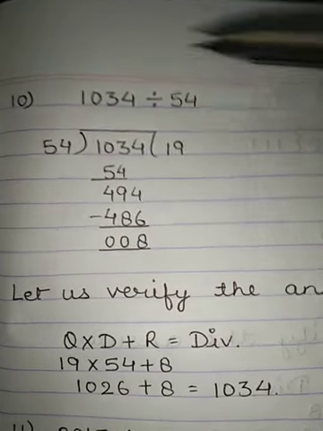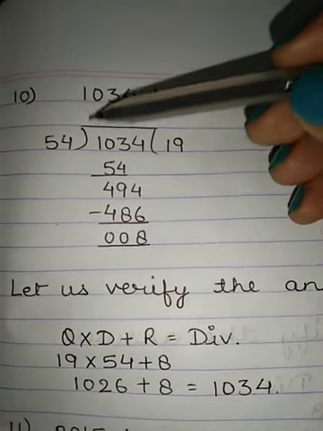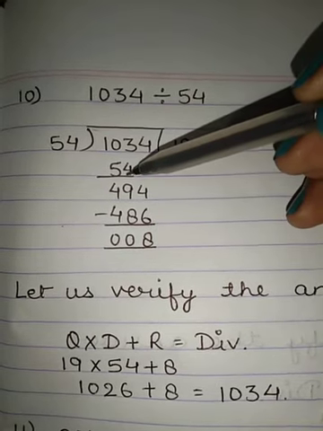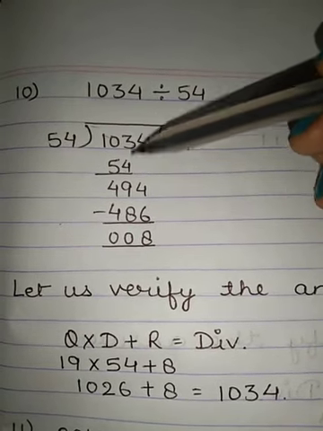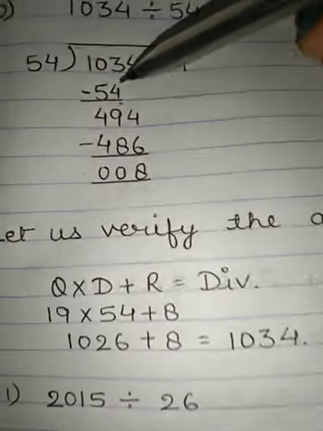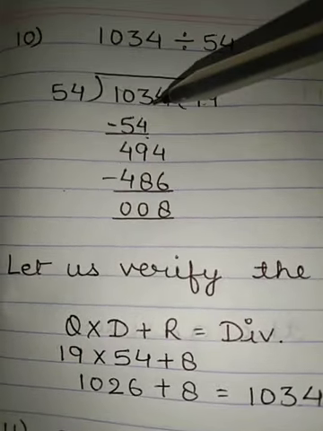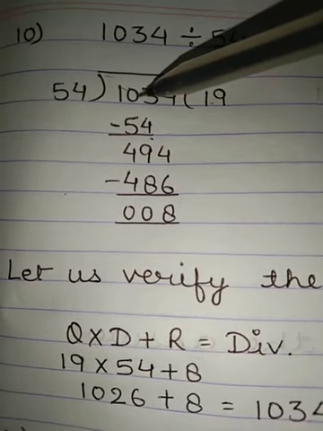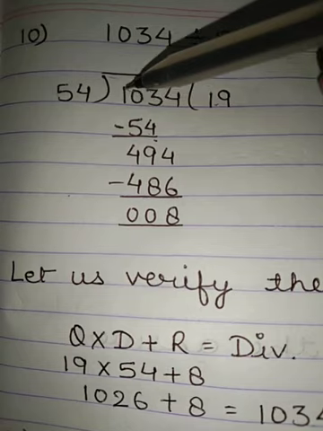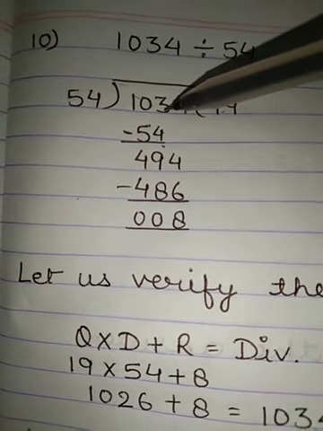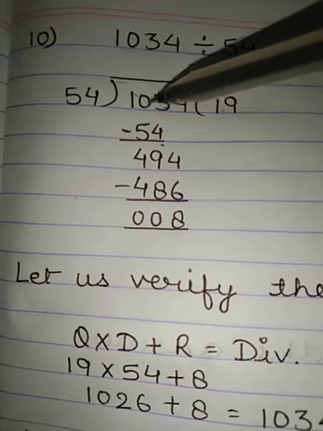1034 divided by 54. Now we will divide 1034 by 54. 54 1s are 54. 103 minus 54. Now on subtracting 4 from 3, it can't be done, so 3 will borrow 1 from here, it is 0. 0 will borrow 1, it will become 10, and it will give 1 to 3. 3 will become 13 and 10 will remain 9.